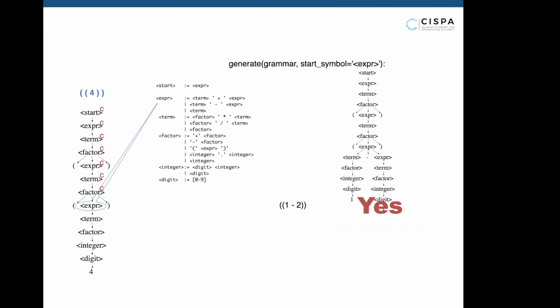But it could be a fluke because we are randomly generating these strings. What if we produce another string? That also reproduces the failure, and another, and another.